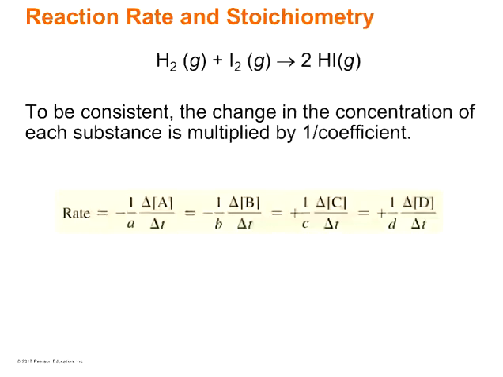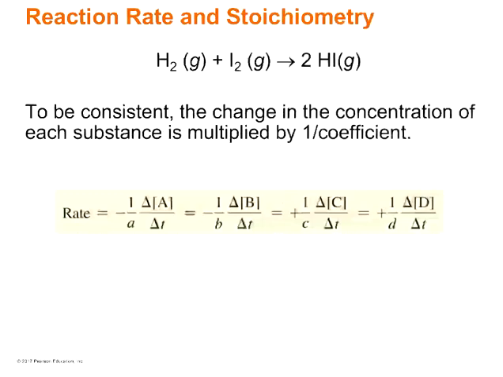So in order to be consistent, or in order to obtain the same rate, we're going to use a factor in front of each of our changes in concentration per time.